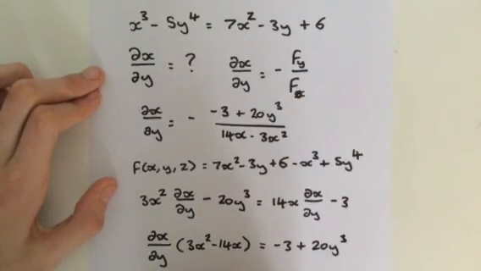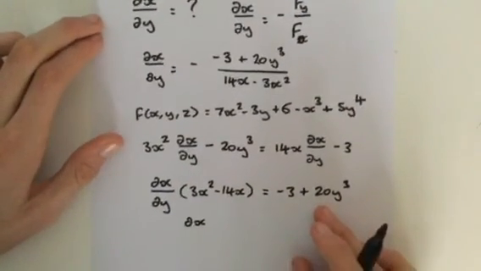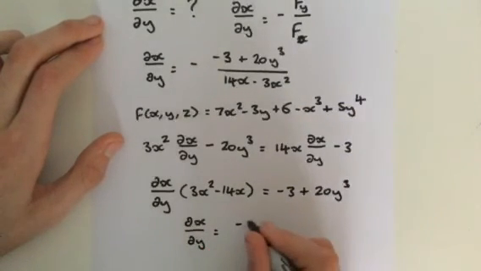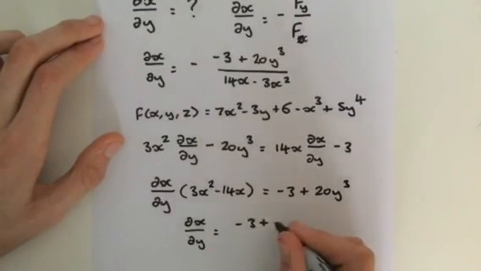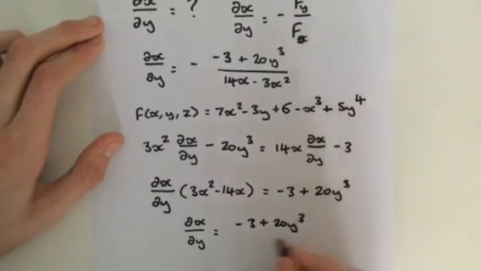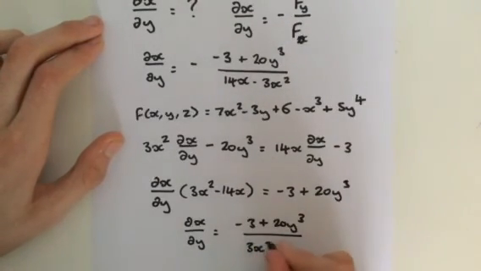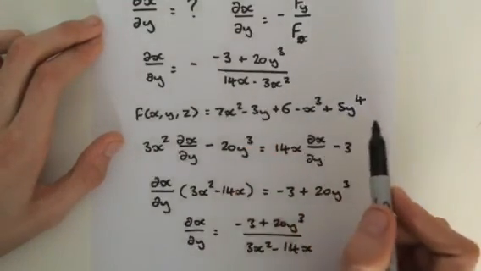Okay, and therefore dx by dy is going to equal minus 3 plus 20y cubed divided by 3x squared minus 14x.